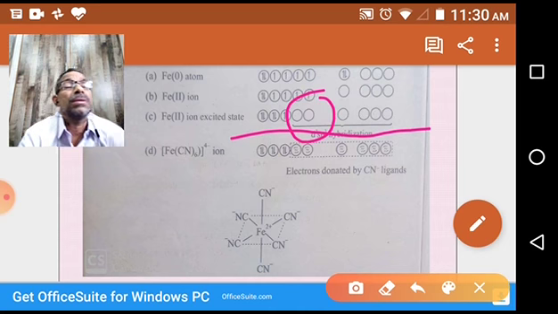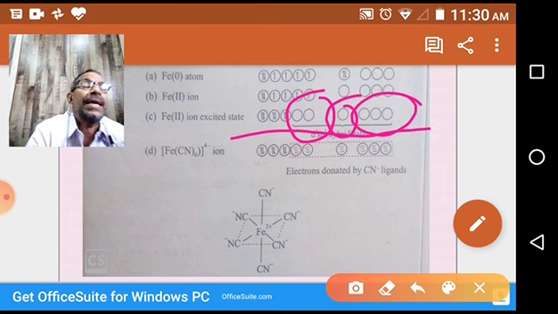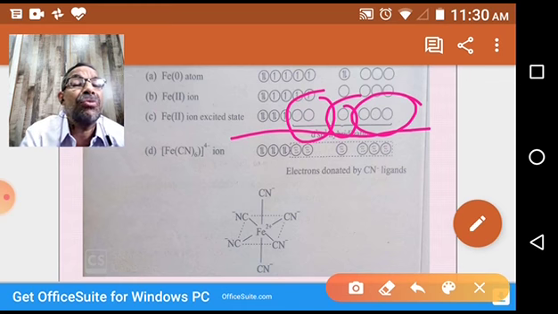These 2 d orbitals, 1 s orbital and 3 p orbitals mix. Due to this intermixing of these 6 orbitals, we get d2sp3 hybridized orbitals. So before hybridization 6 orbitals, after hybridization you get 6 orbitals. The difference is they have equal energy. The d, s and p orbitals have different energies before hybridization.